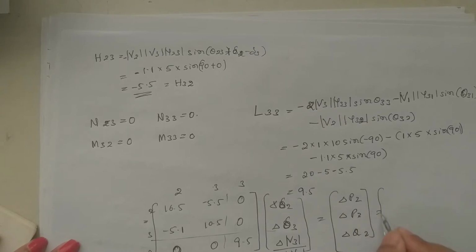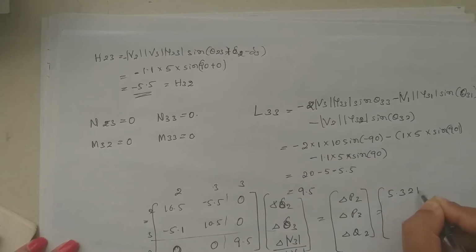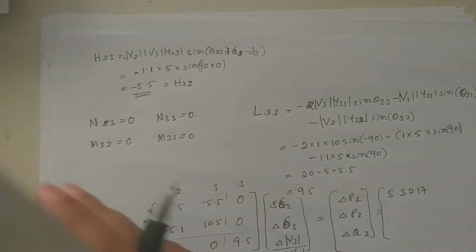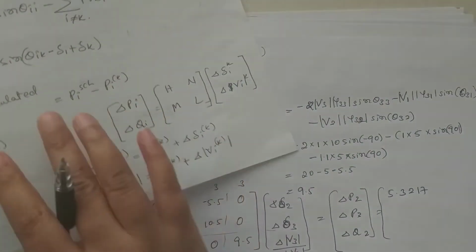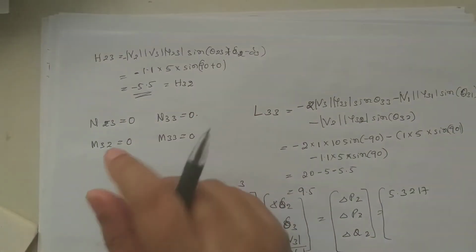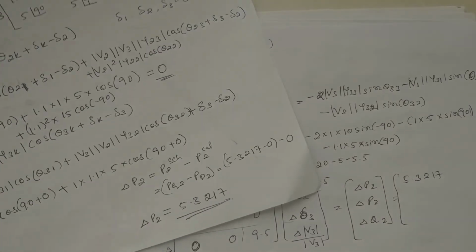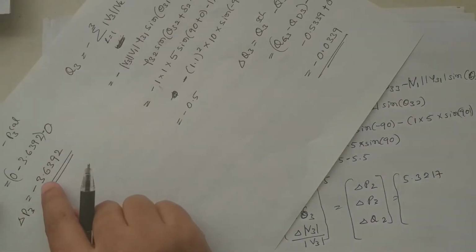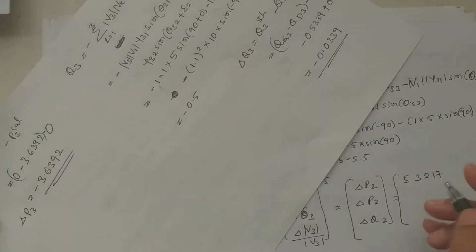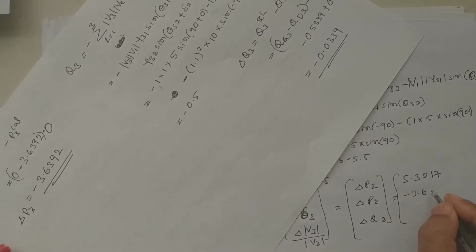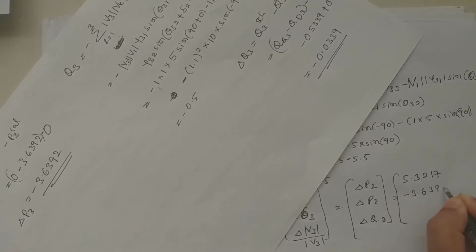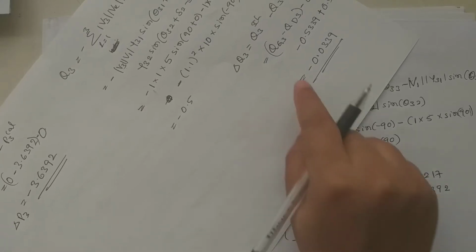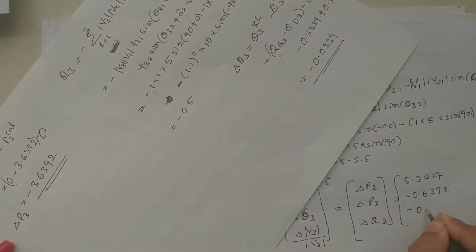So already we have calculated ΔP2 which is 5.3217, and ΔP3 which is minus 3.6392, and ΔQ3 which is minus 0.0339.